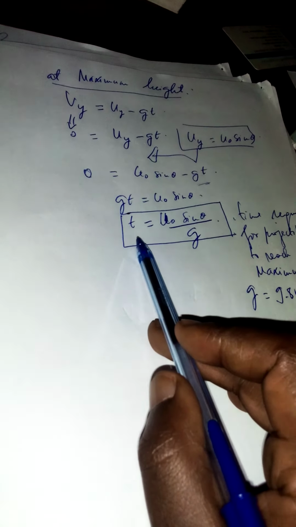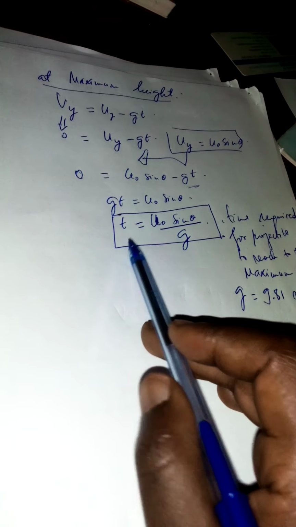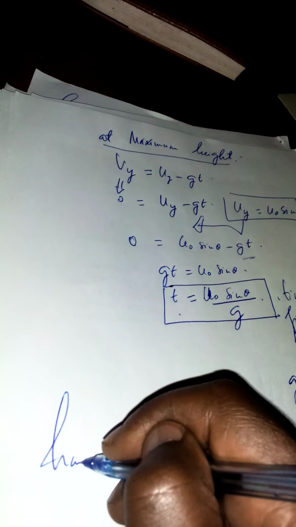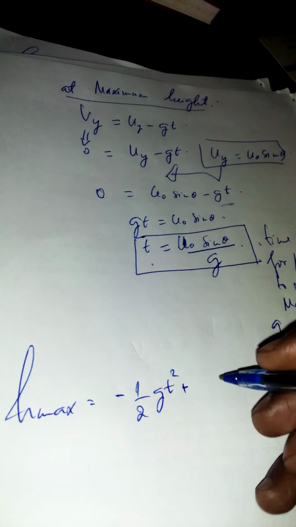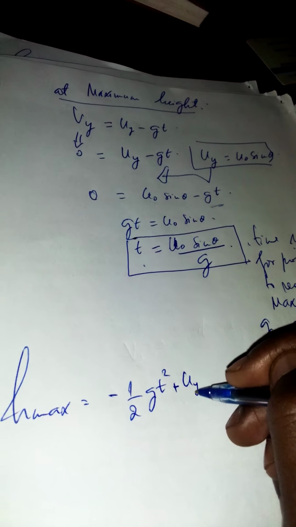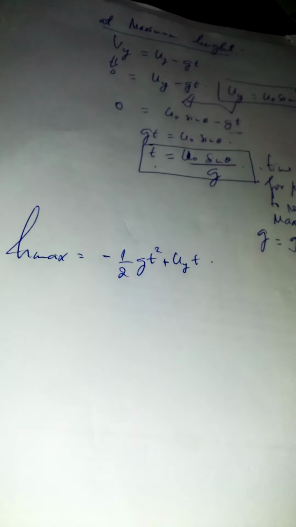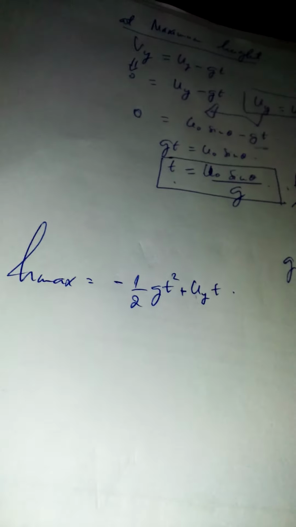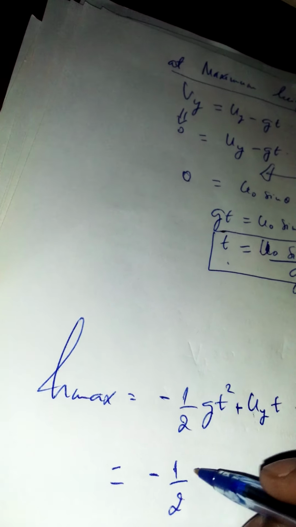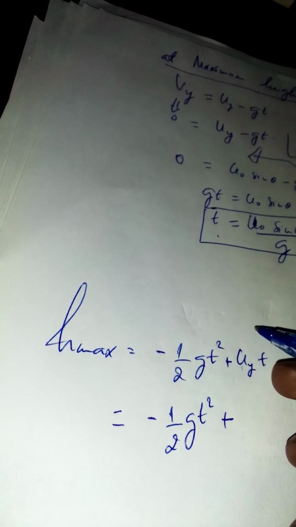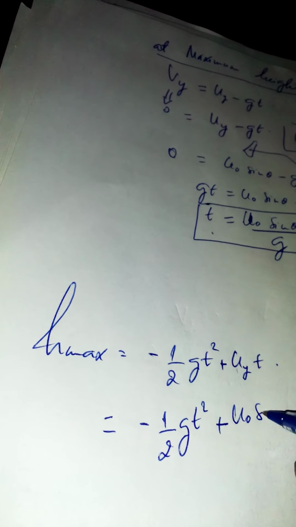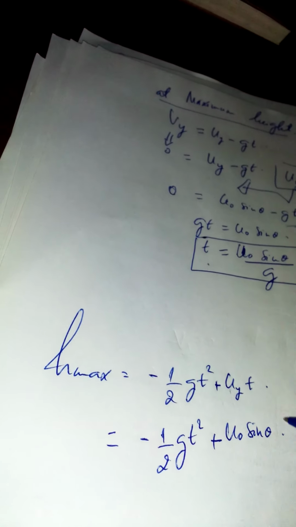This equation can be substituted into the height equation in order to find the formula for maximum height. Remember that the height is equal to minus half gt squared plus u0y times t. We substitute the value of u initial and the time, so it will be equal to minus 1 over 2 g t squared plus u initial on the y-axis, u0 sine theta, times t.